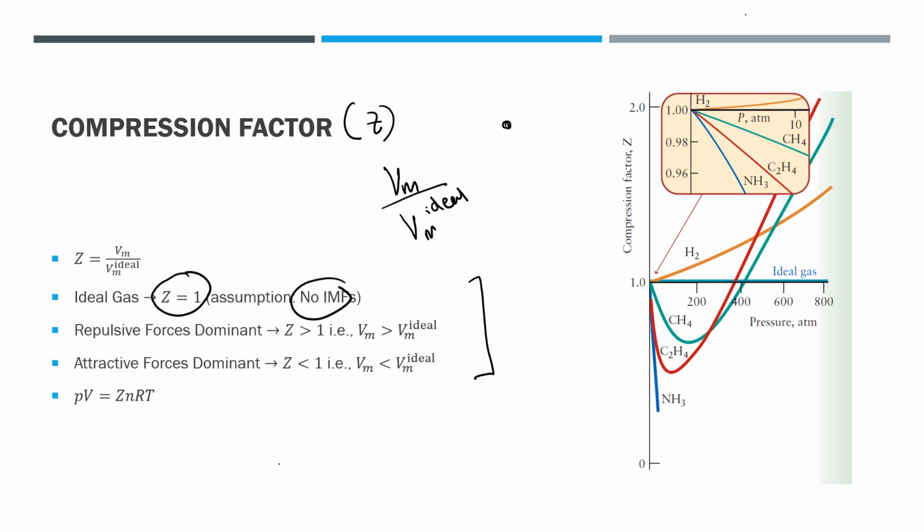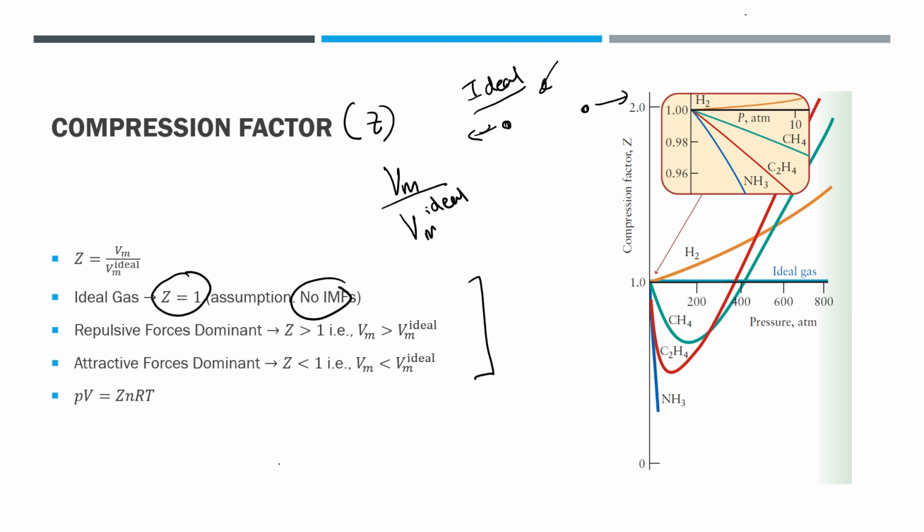So say we have a two-particle system. I'm just going to draw this for simplicity. This is our ideal gas, right? There's no interactions between them, so it takes up a certain volume. Now let's look at if repulsive forces are dominant. Our V molar is going to be greater than the ideal gas molar volume. Why? Because these two particles I've drawn are going to push away from each other.